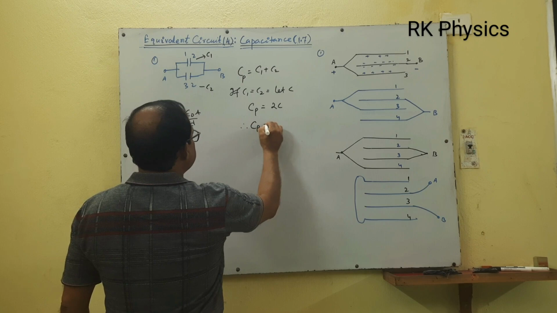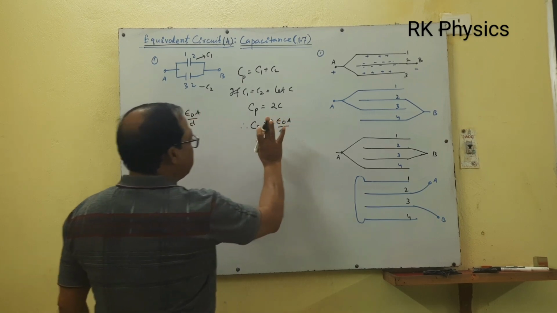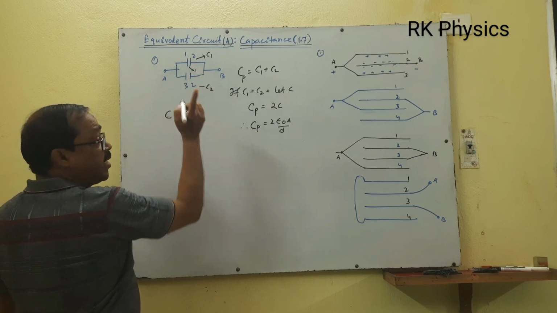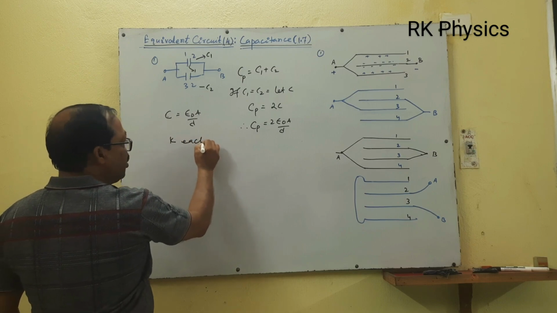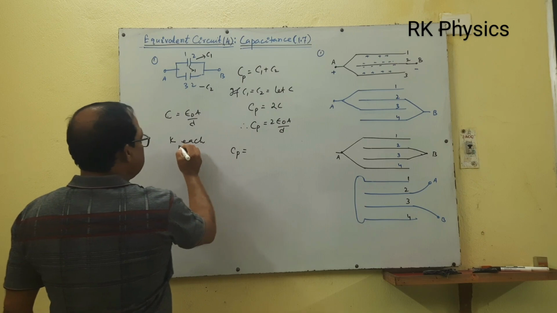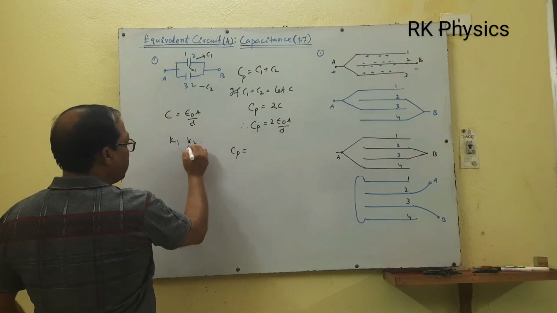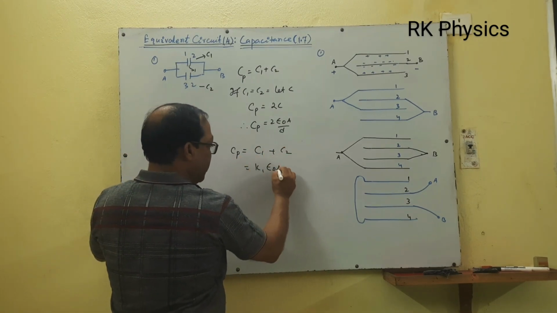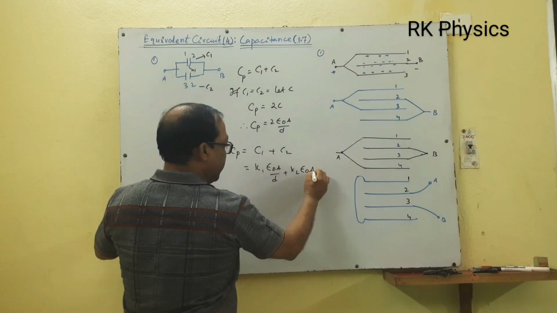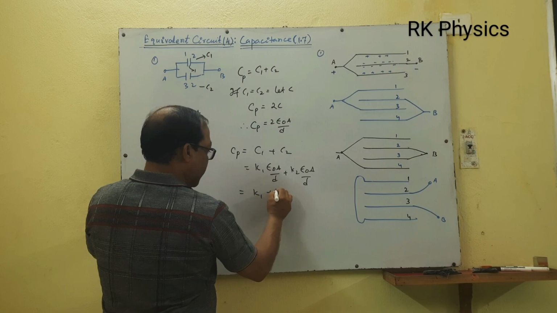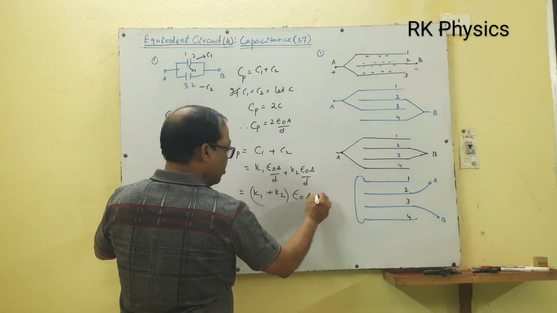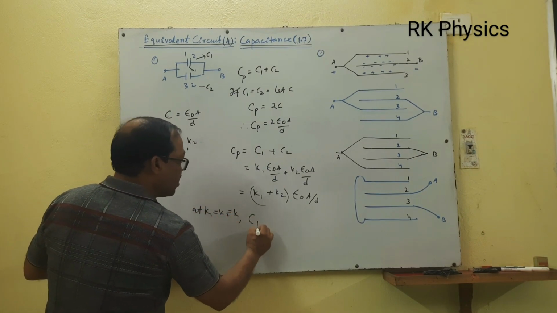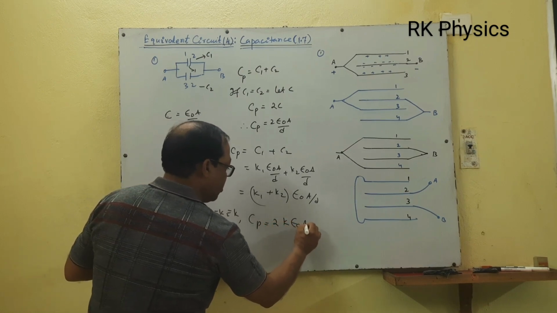Then Cp equals 2 times epsilon 0 A divided by D. If the space between the plates is filled with dielectrics, suppose the first is K1 and the second is K2, then Cp is C1 plus C2, that is K1 epsilon 0 A by D plus K2 epsilon 0 A by D. Taking K1 plus K2 common, this is whole into epsilon 0 A by D. Now, at K1 equal to K2 equal to K, Cp is 2 times K epsilon 0 A by D.